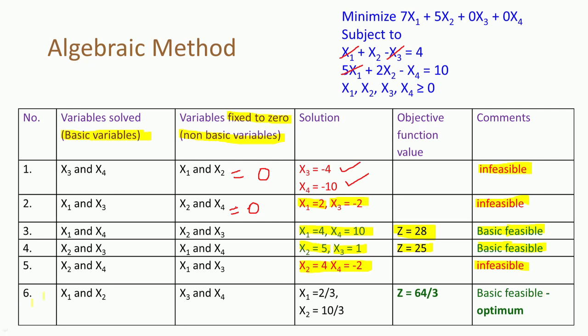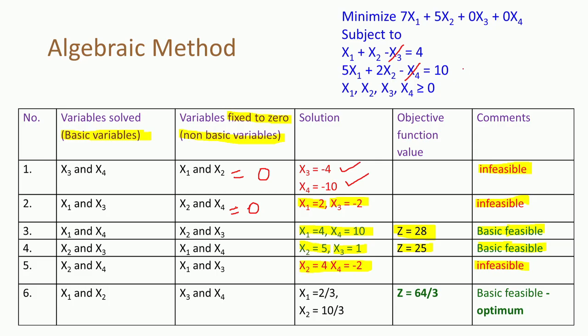Now, we go to the last of the 6 situations. Now, the last one I am going to solve for x1 and x2, I am going to fix x3 and x4 to 0. So, this goes, this also goes.